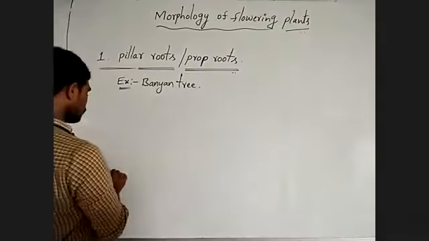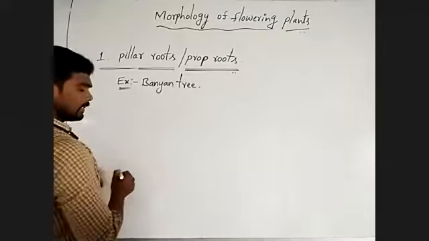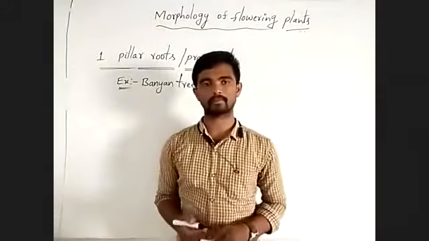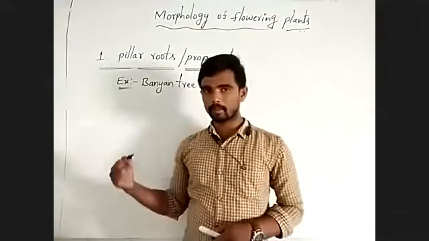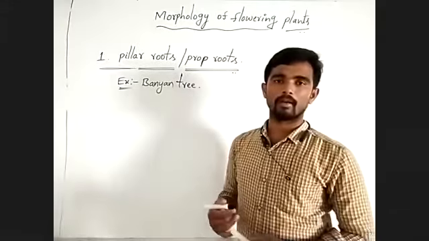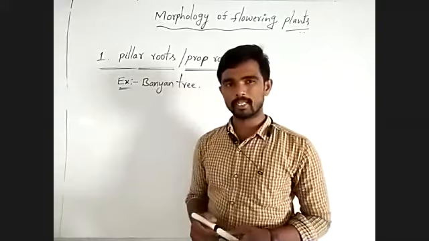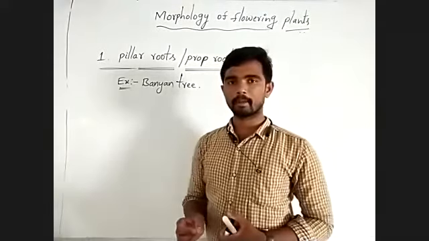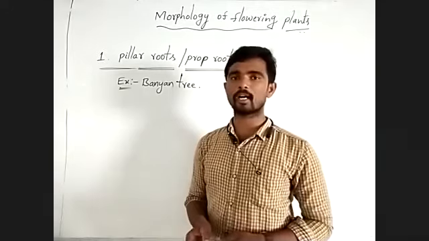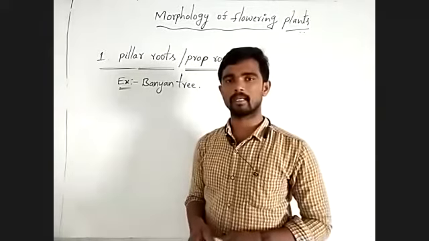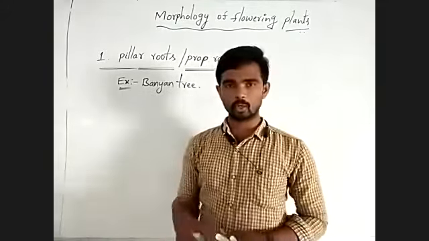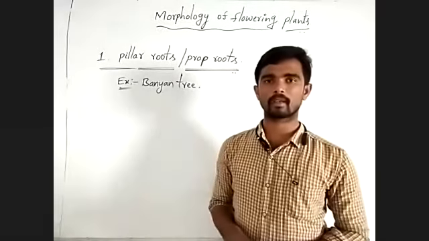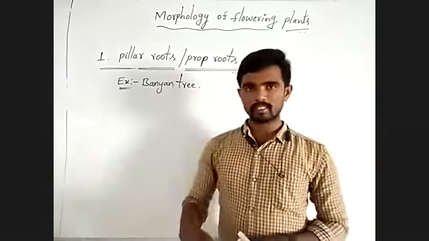What are pillar roots? In some plants, like banyan tree, from the lower side of the branches, a type of adventitious roots are developed and they grow in downward direction towards the soil.